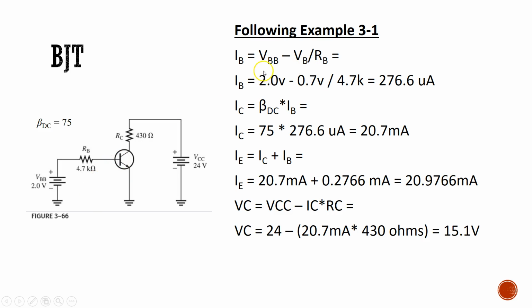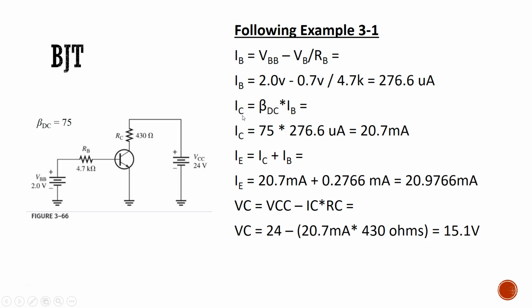So here we have VBB minus VB over RB, and these equations used to drive me crazy when I first started seeing them. The more you practice, the more you get used to it. So we have 2 minus the 0.7 volt. There's a diode assumed here at 0.7 volts. And we divide that by the 4.7k ohm base resistor, which gives 276.6 microamps.